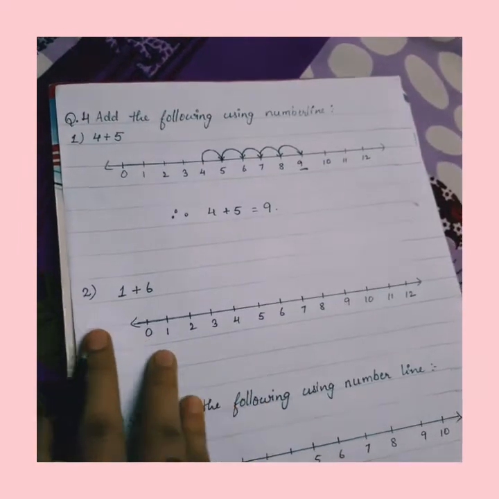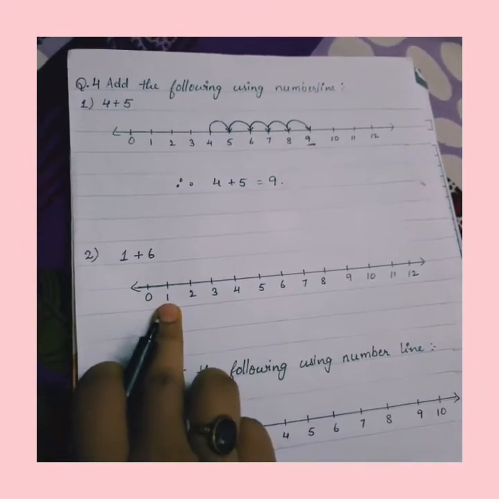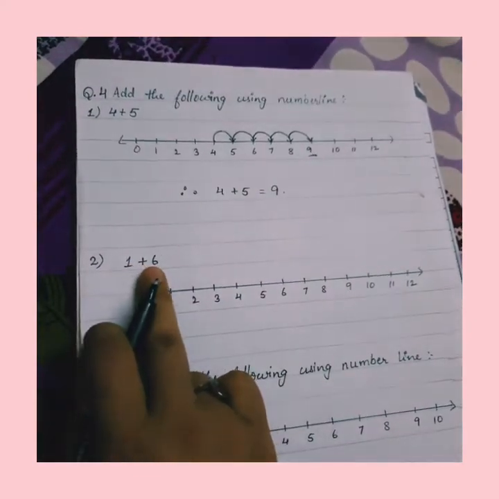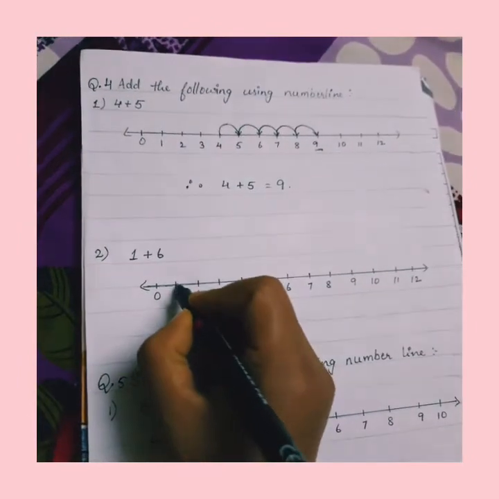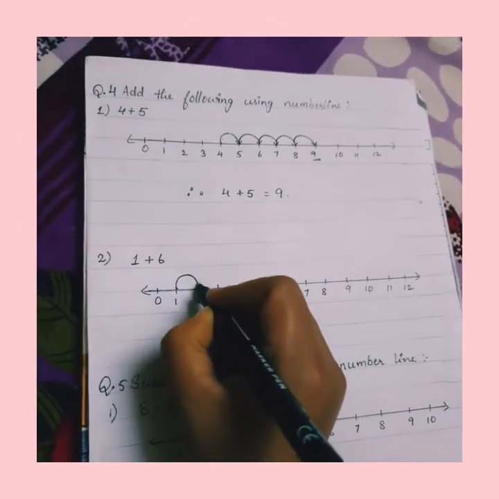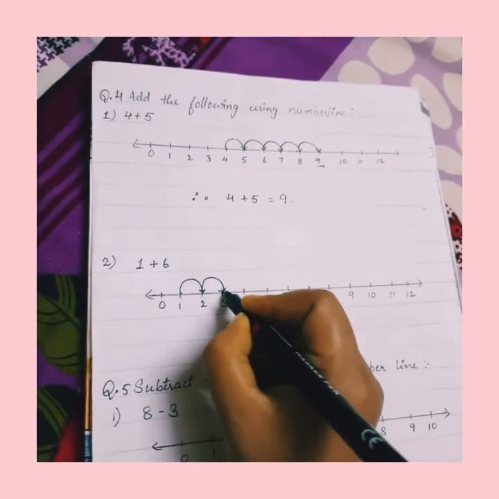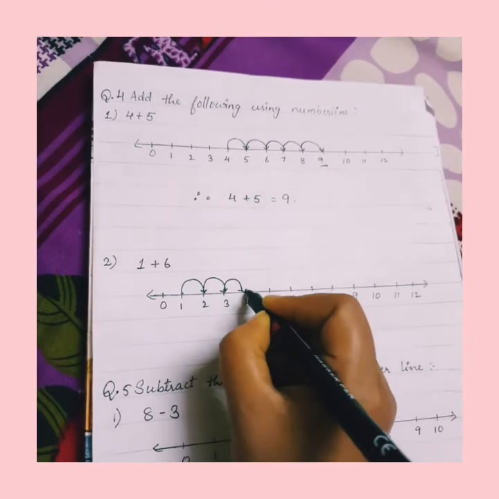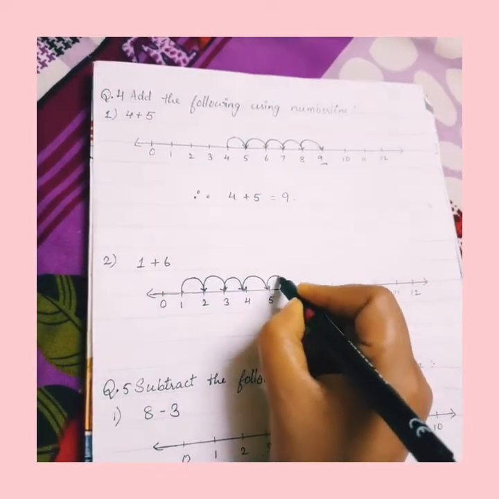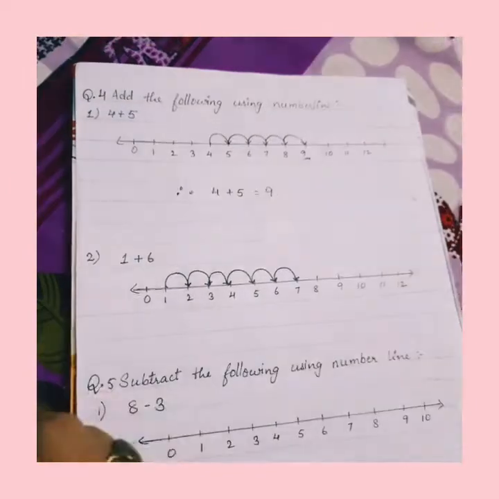Let's do one more sum. 1 plus 6. That means I have to start from 1 and go ahead. How many steps? 6 steps. So from 1 I will start, 1 step, then 2, 3, 4, 5 and 6.